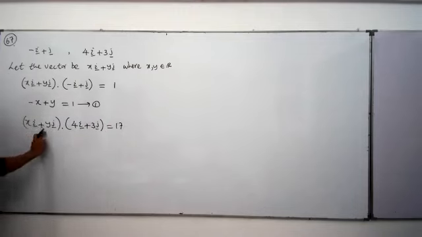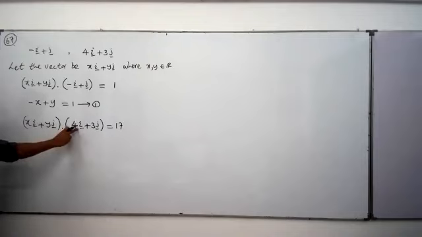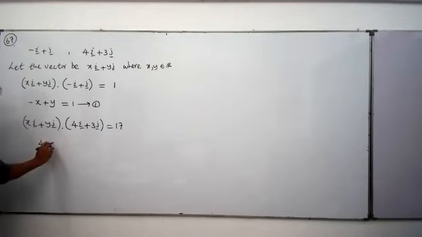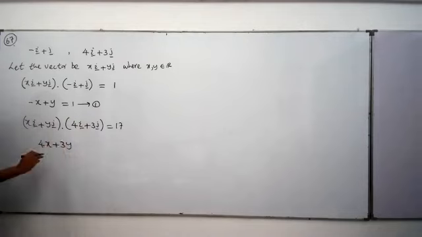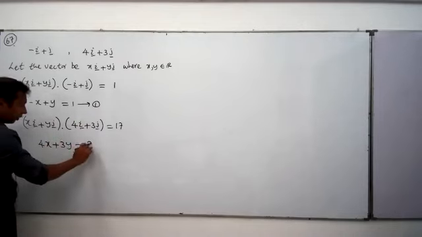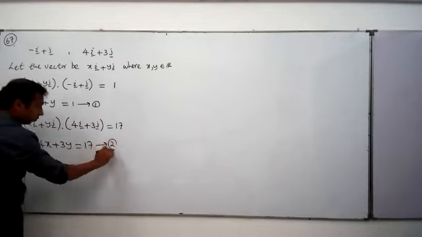Here also we know how to take the dot product between these two vectors. x into 4, 4x plus y into 3, 3y is equal to 17. This is number 2, people.